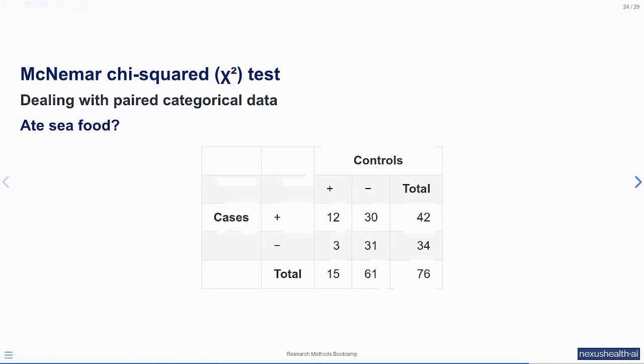So we can see for cases who did not eat seafood with corresponding controls that ate seafood, there are 3 people in that cell. For cases who ate seafood with corresponding controls who did not eat seafood, we have 30 individuals. So these cells are discordant cells.